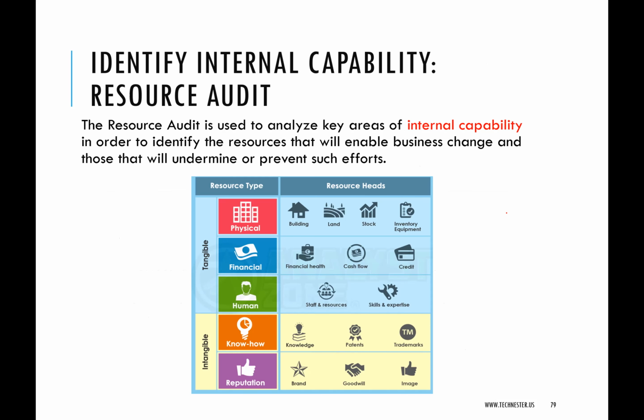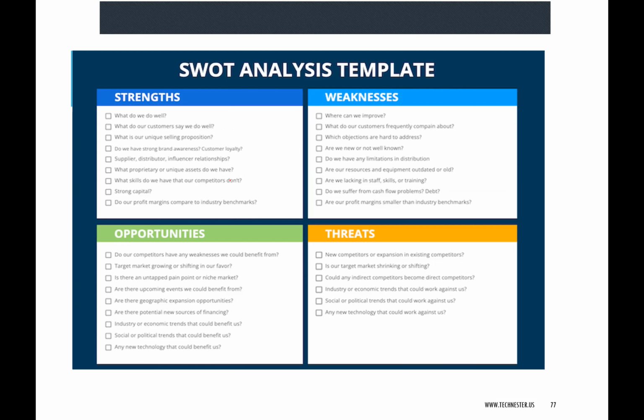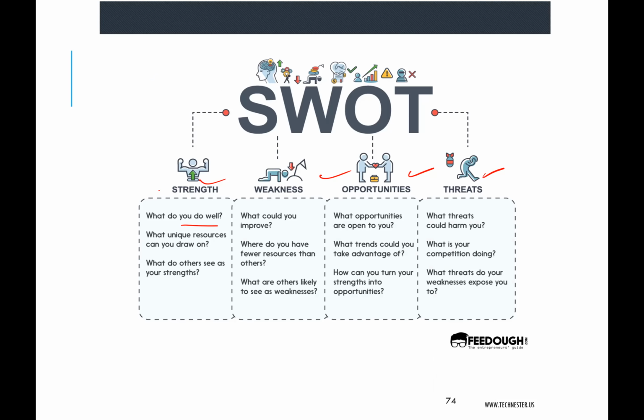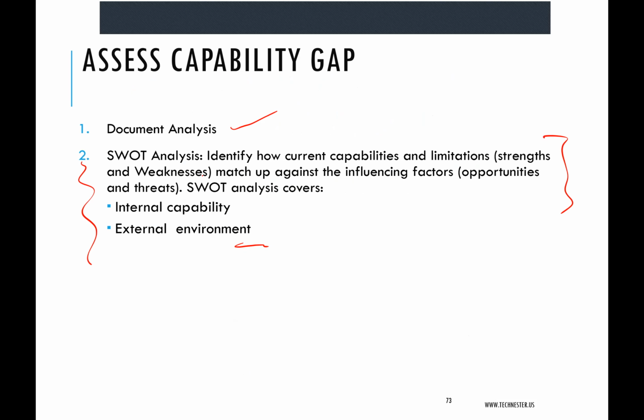So that's why I want to show you an advanced method. Now, what you have to remember is when we're looking at the definition of SWOT analysis, we said SWOT analysis identifies current capabilities and limitations, so strengths and weaknesses, right? And how these strengths and weaknesses match up against influencing factors of opportunities and threats.